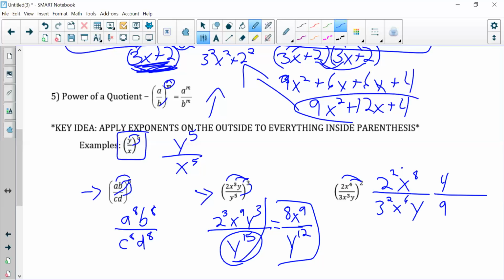Oh, look, I have two x's. X to the 8th, x to the 6th. Big minus little gives us 2. 8 minus 6 is 2. Big was on the top, so we're going to say x squared. There's only one y, so it stays where it is. Can I reduce this any further? Nope. So this is my answer, 4x squared over 9y.